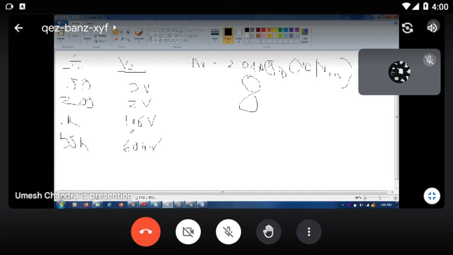This here is 1.6. Then 1.6 by 2. Then what is the value? 1.6 by 2 is 0.8. The 20 log base 10 of 0.8. What is the value?